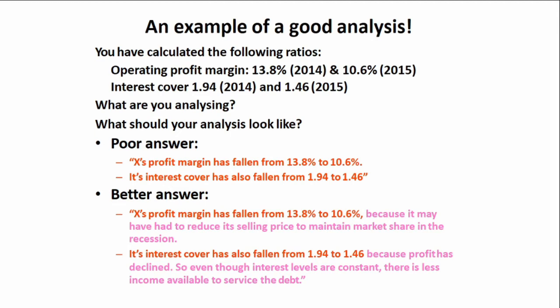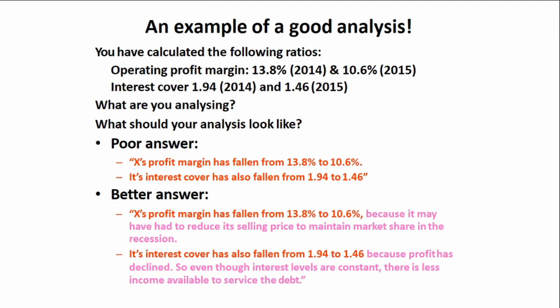So what should your analysis look like? Here we are going to compare a poor answer to a better answer, and then compare that to the best answer, just to show you how we want you to answer these questions and in what detail we want you to perform the analysis.